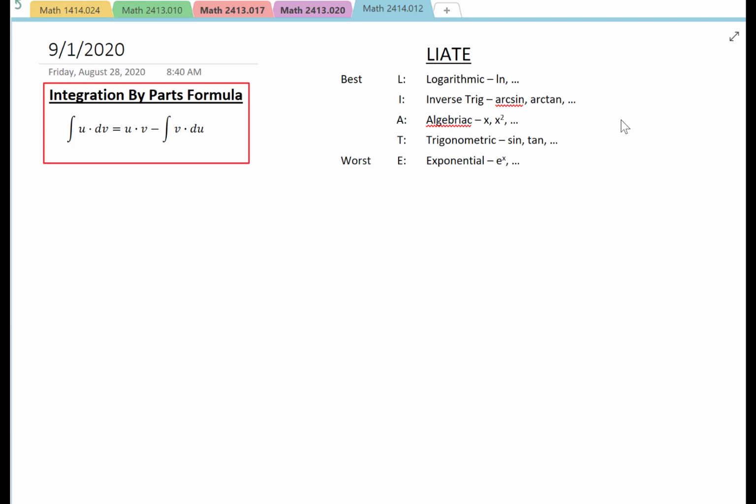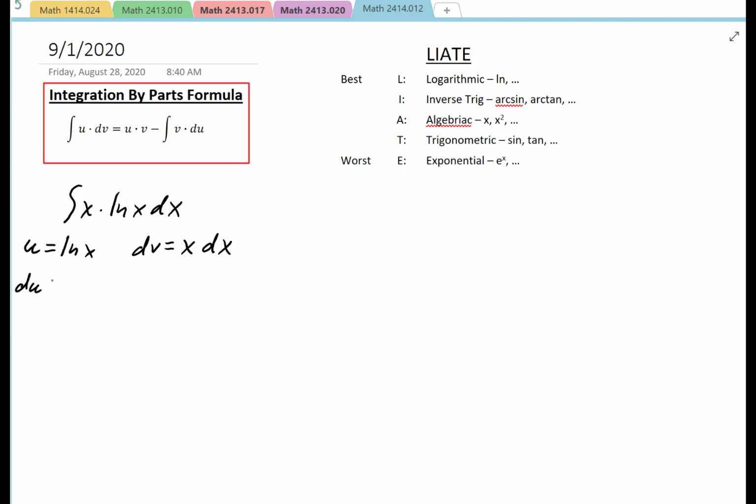Okay, let's do another example of integration by parts. This time we're going to get the antiderivative of x times the natural log of x. And this time I'm going to let u equal the natural log of x. And dv is going to be the rest of it, which is x times dx.